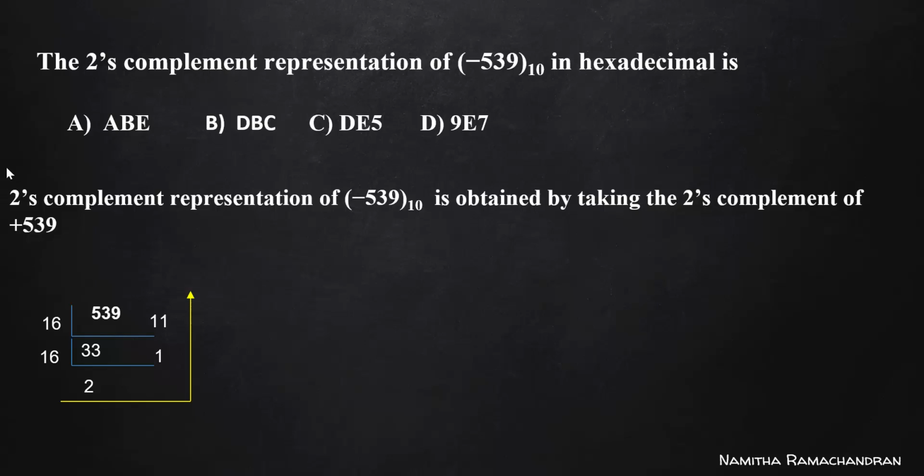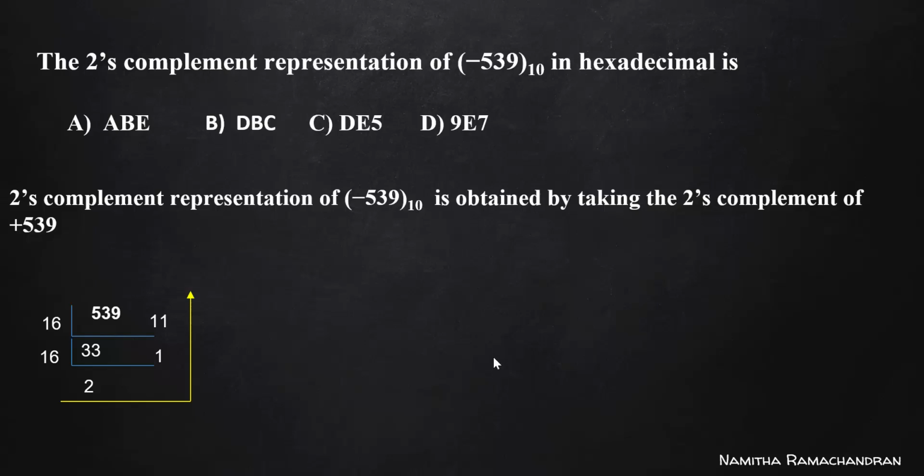Okay, one method is we can convert this directly into its binary form. The number is actually a negative number. To get its binary equivalent, we can take the binary of positive 539. Then take its 2's complement.